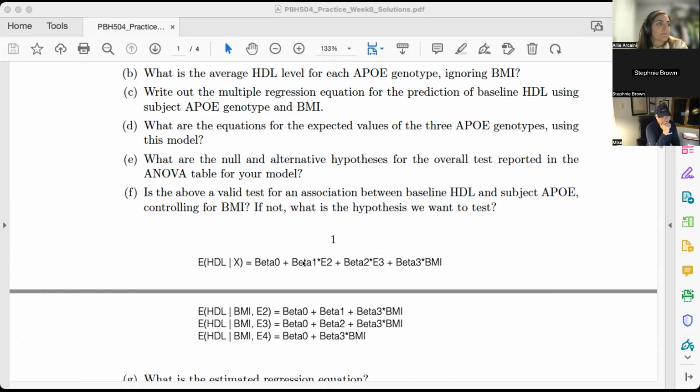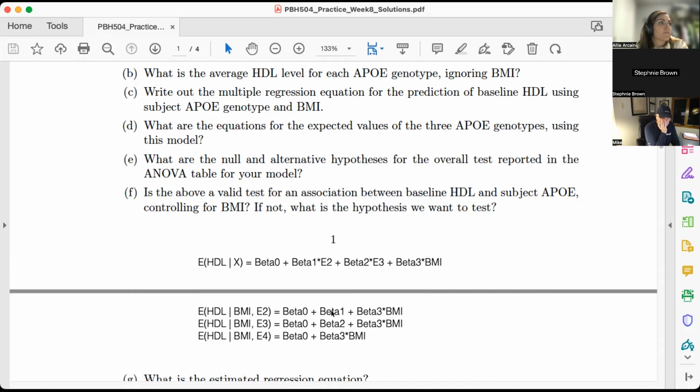So remember, in this equation, when you have categorical variables, you're turning them into 0, 1 indicator variables, right? So if a person's in group E2, they're going to have a 1 on the E2 variable. They're going to have a 0 on this one.